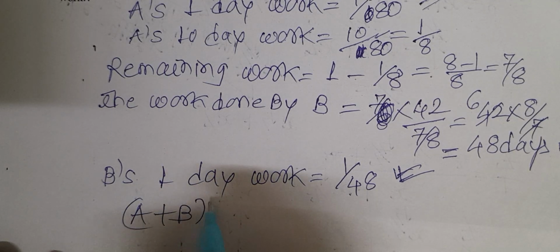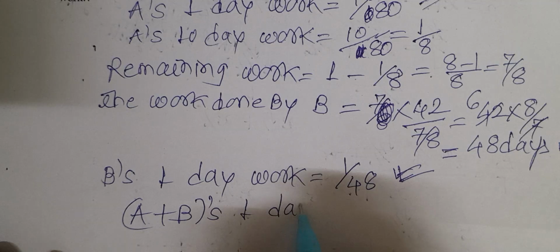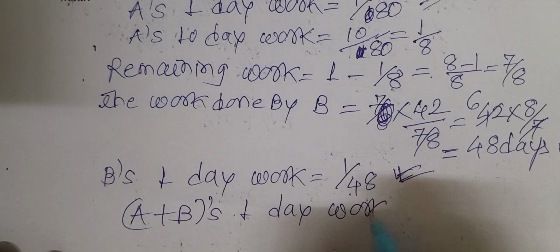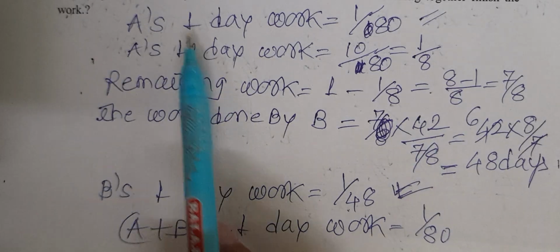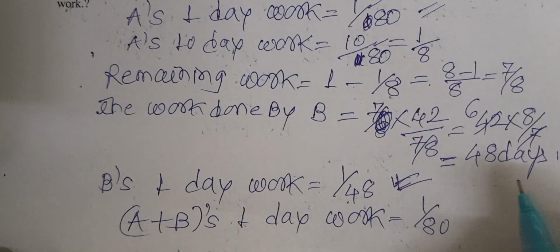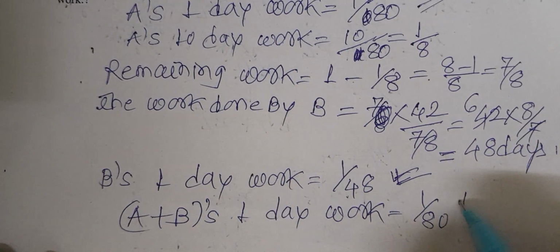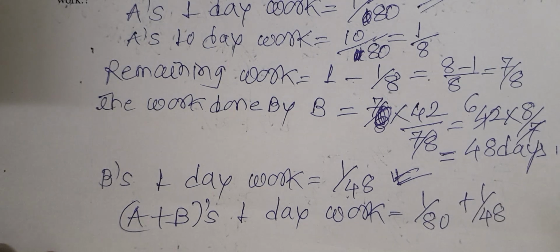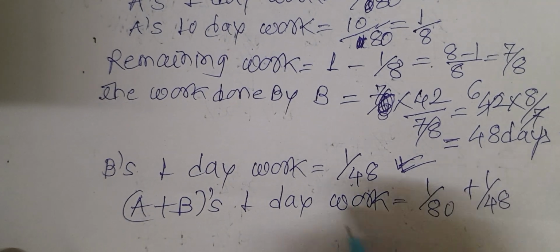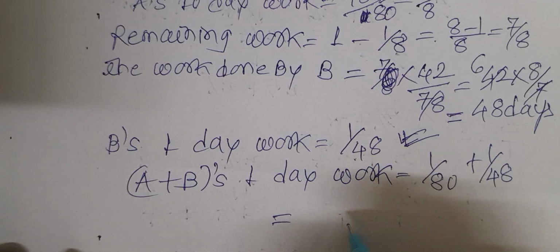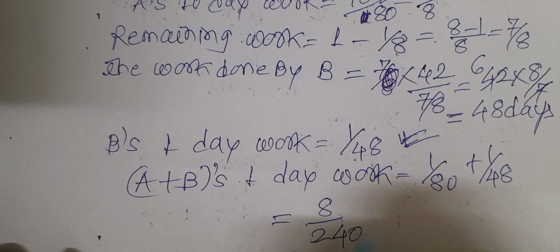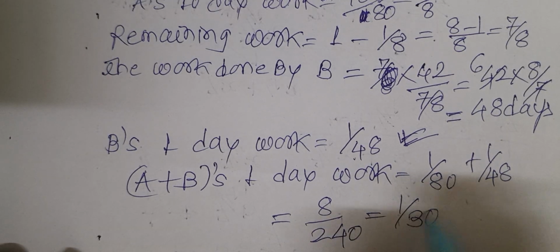So A plus B's one day work is equal to A's one day work, 1 by 80, plus B's one day work, 1 by 48. If you find this, 8 by 240 is equal to 1 by 30.